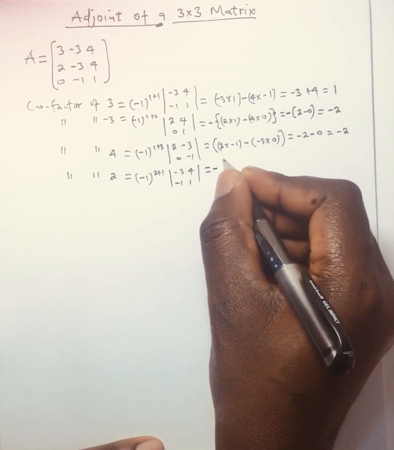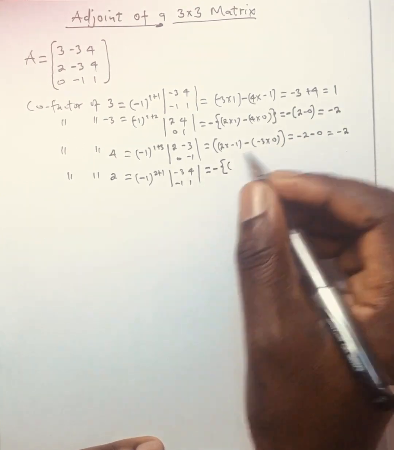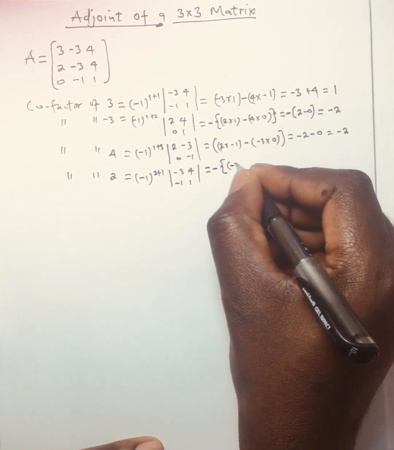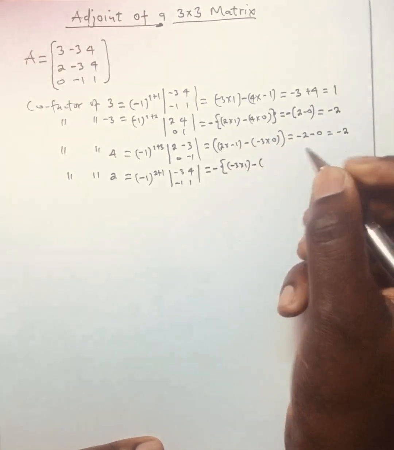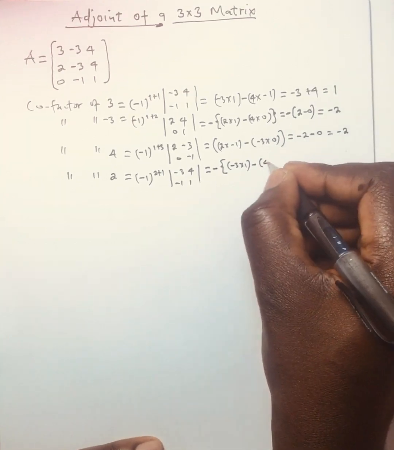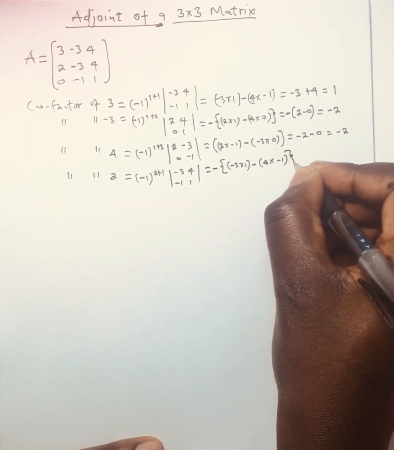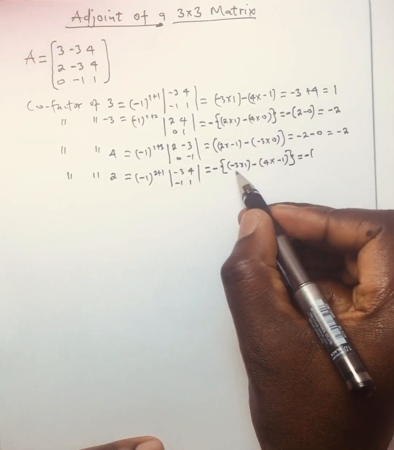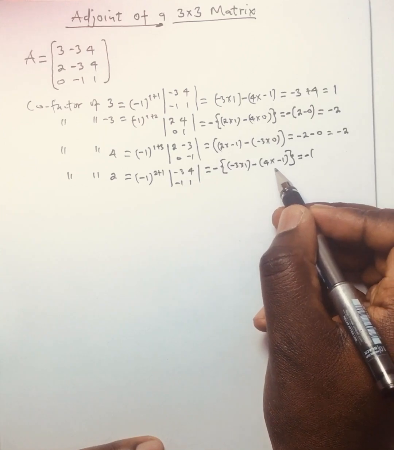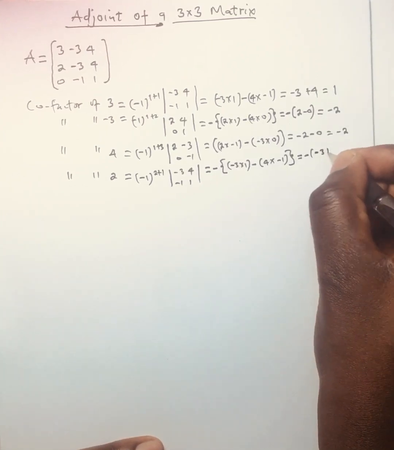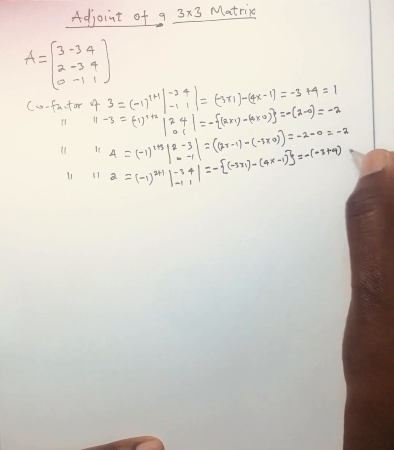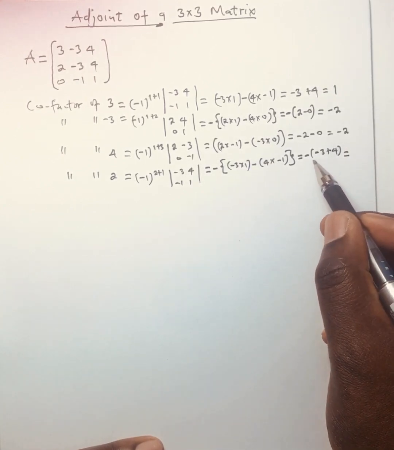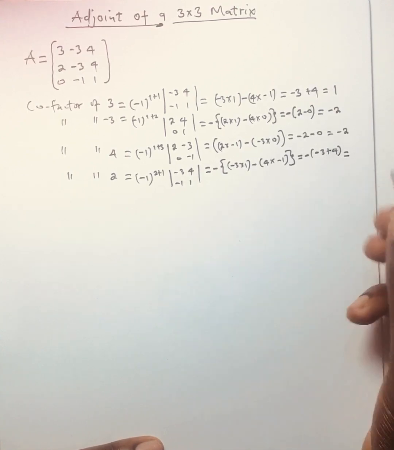So we have the negative of negative 3 times 1 minus 4 times negative 1, which is the negative of negative 3 plus 4. That is the negative of 1, which is negative 1.